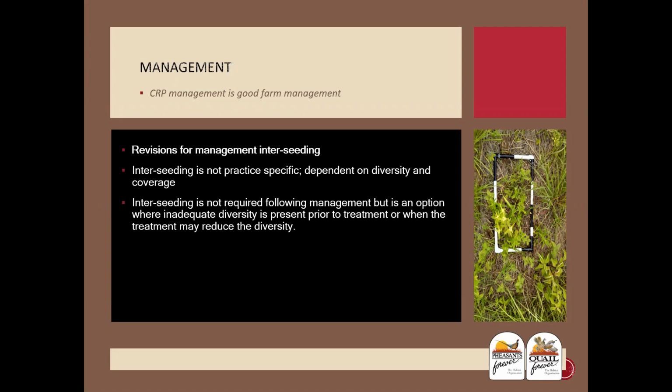And the whole purpose is to bring in some new seeds, some new diversity. Really good if you had re-enrolled CRP acreages. That's always one of those that I like to recommend some interseeding, just to bring some life back into it and knock out and displace some of those invasives.